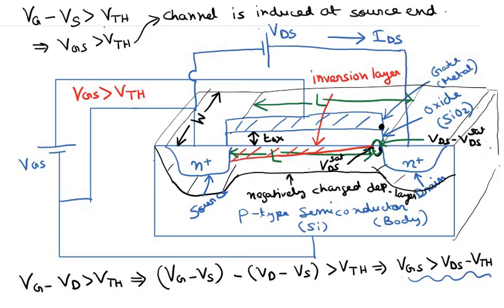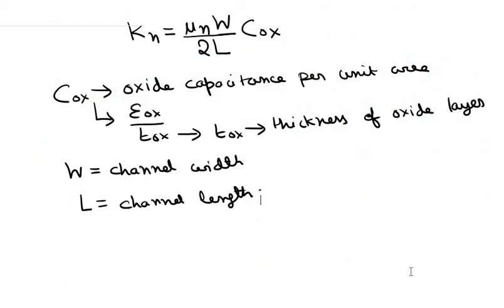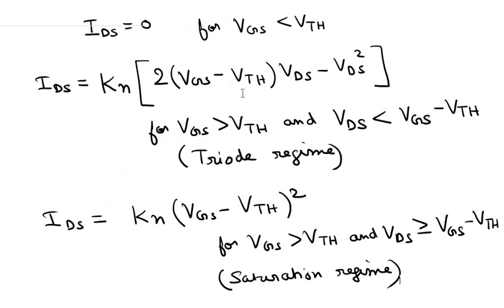Okay, and it is obvious that the current or the conductance of the MOSFET would decrease with increasing channel length, because VDS is constant. So increasing the channel length means that we are decreasing the average electric field within the channel. If the average horizontal electric field within the channel decreases, the current would decrease.